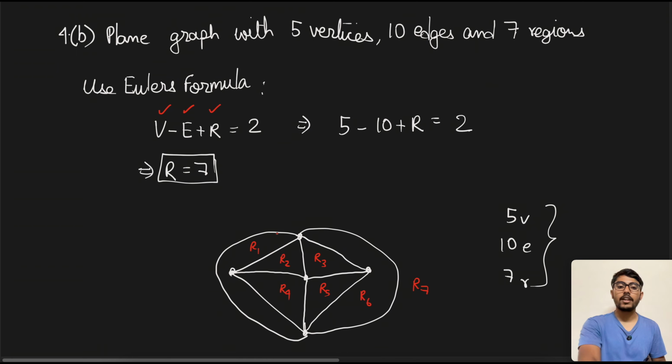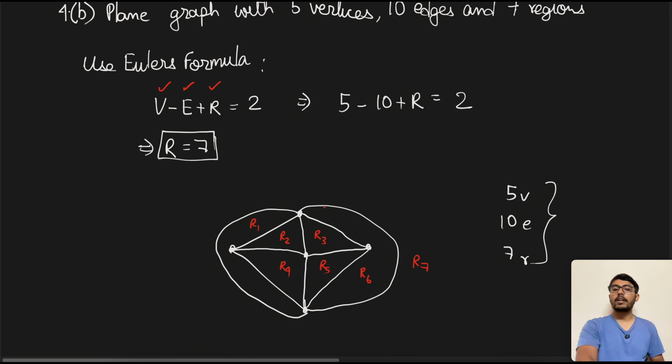So for that we'll create that, right? You can basically, this will come with practice, and there are some tricks to this particular calculation which are provided in the community notes, right? So those are also there. Then what we can do is basically see the graph here. So it has 5 vertices, right, and there are 7 regions, R1 to R7.